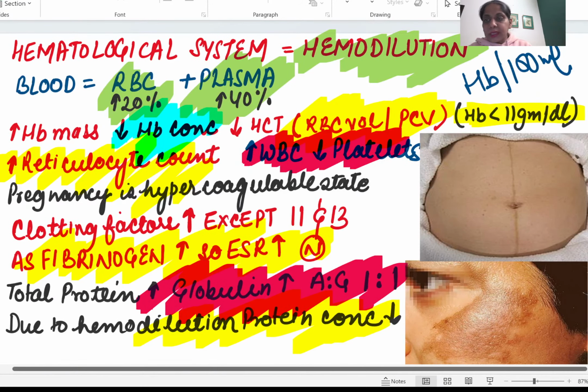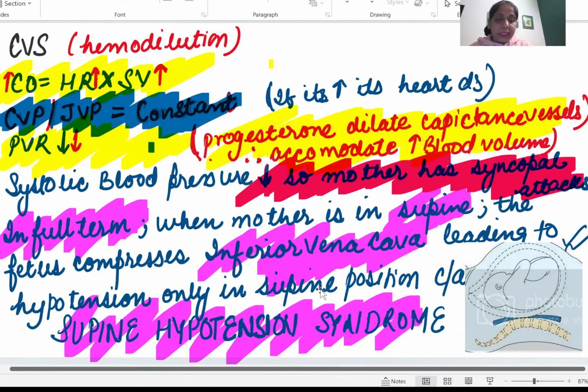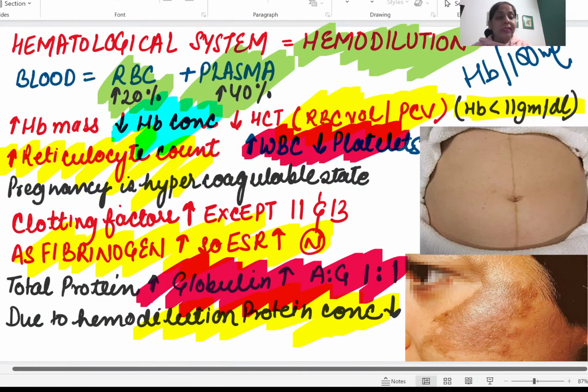So that's it. Then we studied about the cardiovascular changes. Here I would like to tell you these are the two physiological changes in the dermatological system. Okay, see here in the images.